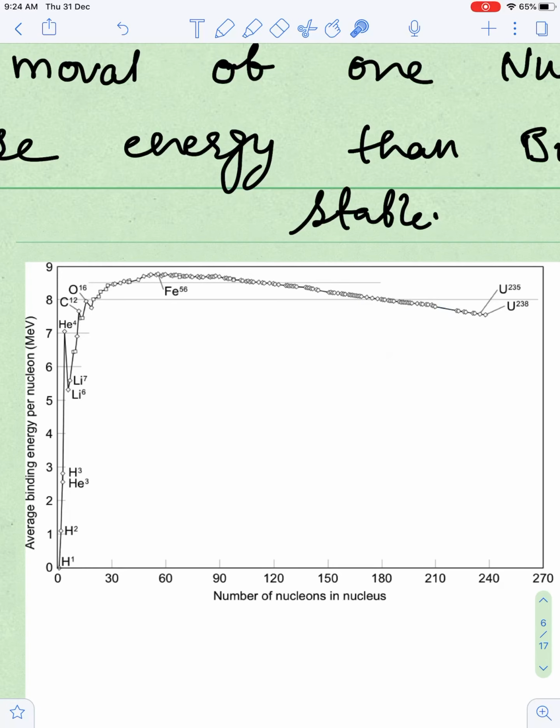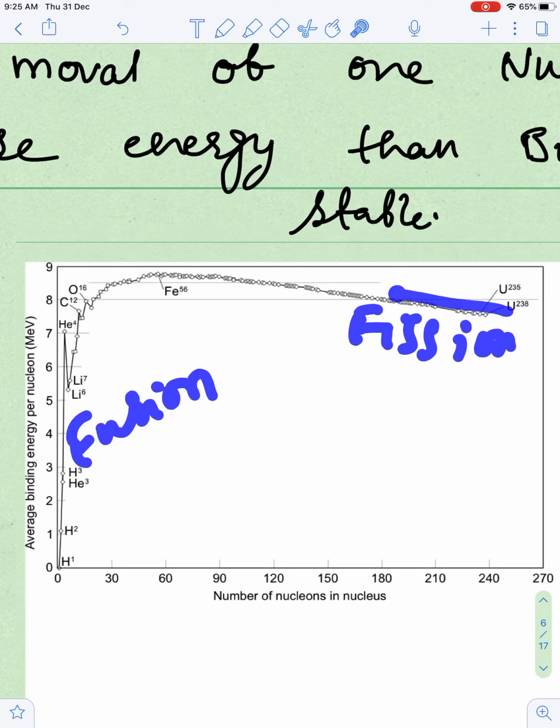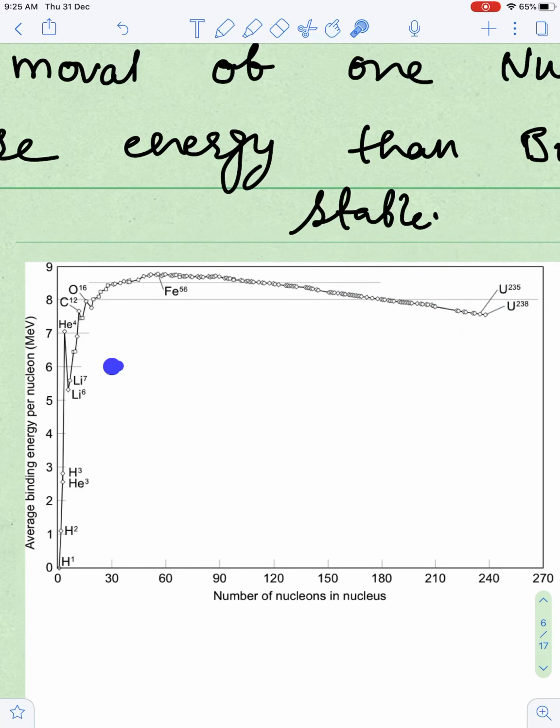Smaller nuclei want a stable configuration like Fe, so they combine together, and larger nuclei want to break themselves to get there. So fission takes place in the larger nuclei and fusion takes place in the smaller nuclei.